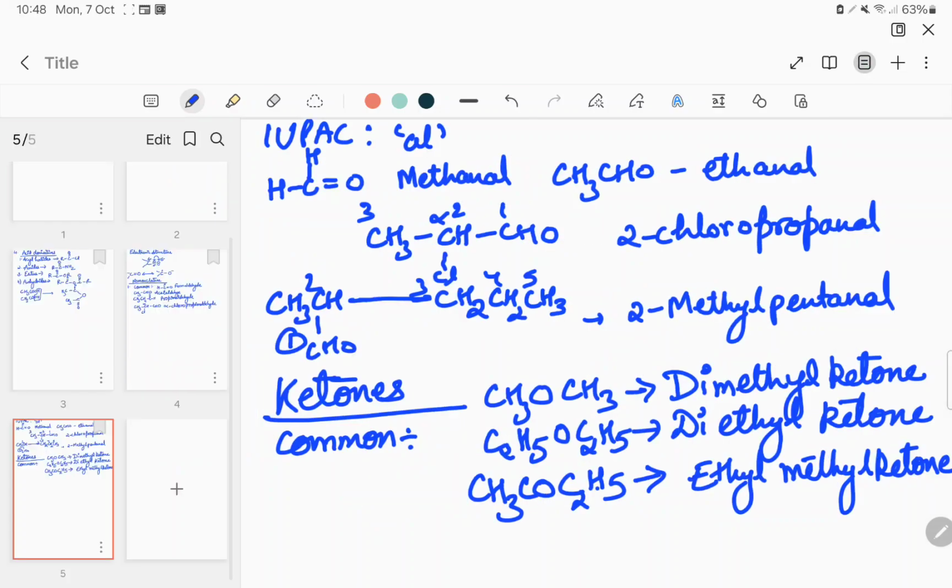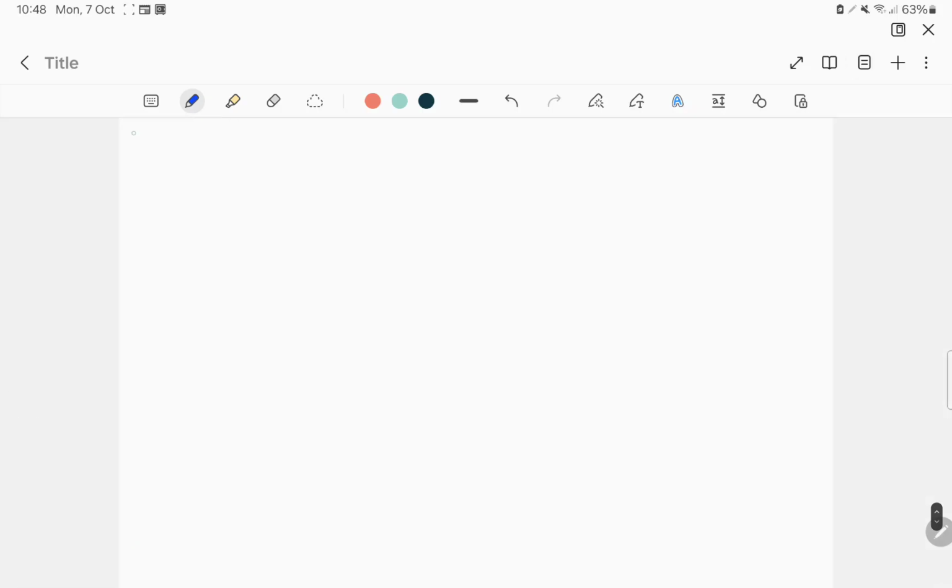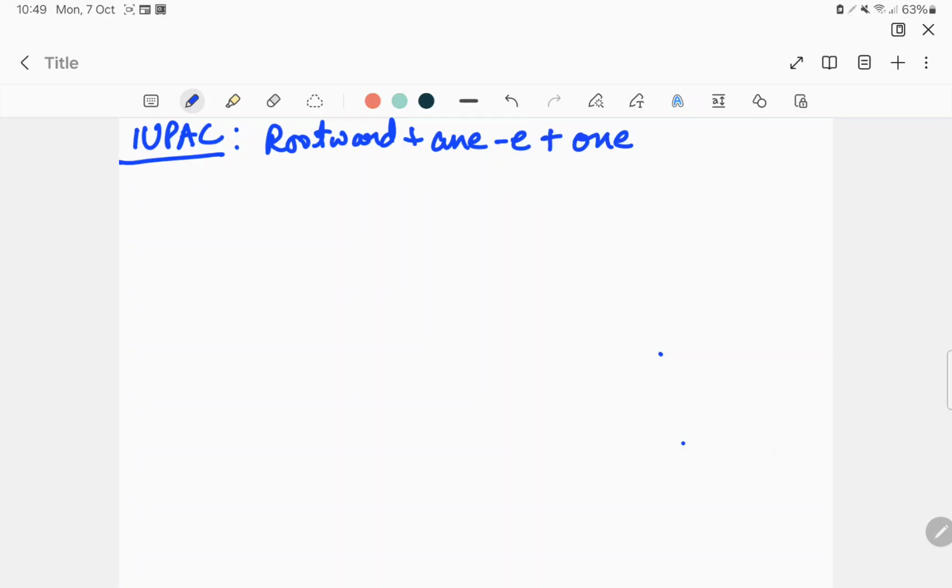Now we will see the IUPAC name. We will write down the root word plus ane, minus E plus one. If you look at the first member of ketones, it will have 3 carbon atoms.